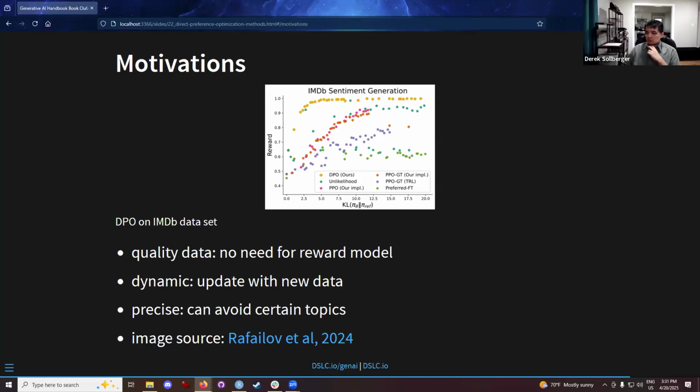Rewards are on the vertical axis, so larger numbers are better, and we see various attempts to go beyond reinforcement learning with human feedback, RLHF. And you can see in the yellow dots, the direct preference optimization methods are seemingly doing the best in this data set, Internet Movie Database Sentiment, talking about whether or not movie reviews are positive or negative.